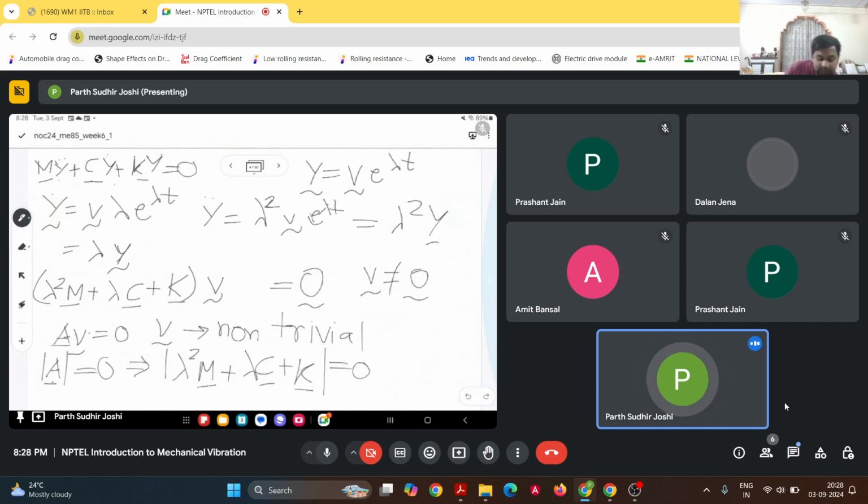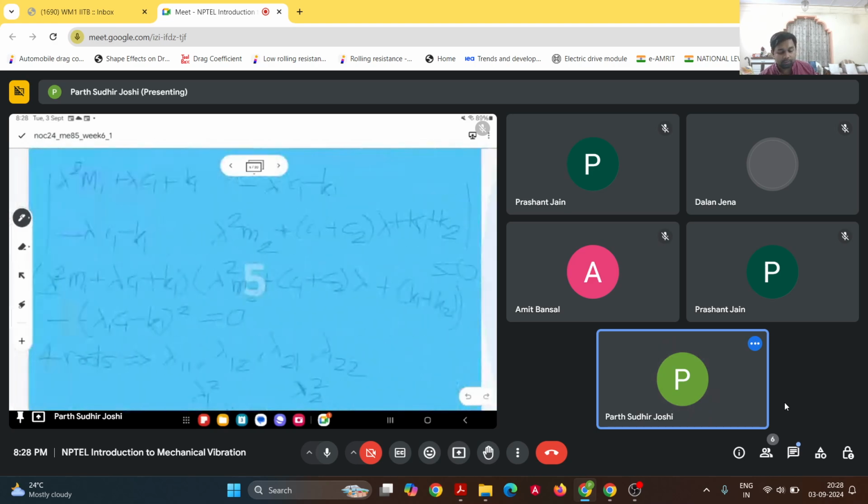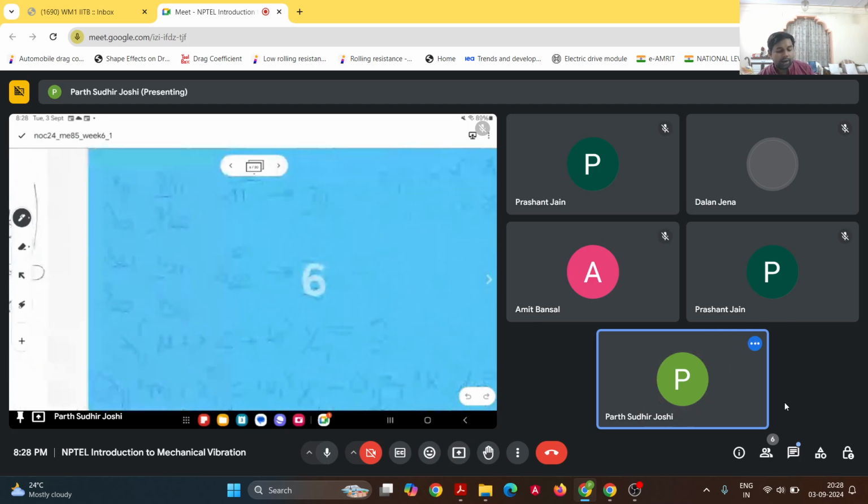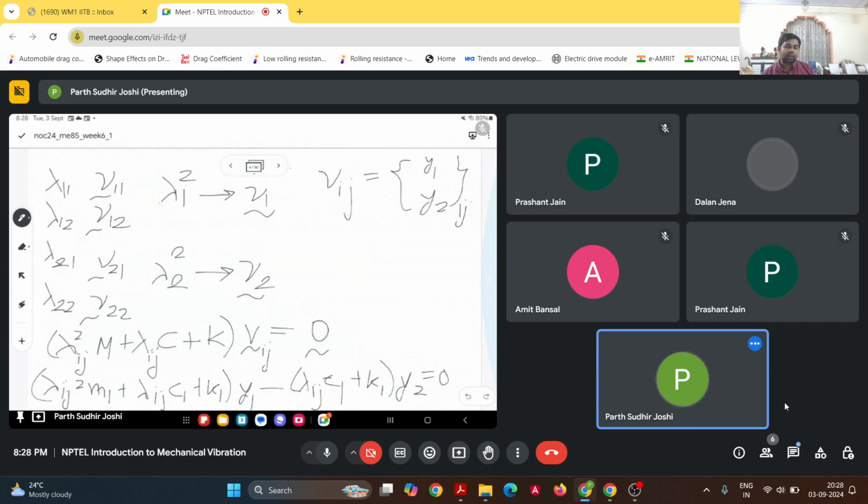So for that, I suggested that we substitute, let us say, a trial solution y is equal to v e to the power lambda t, and then we did a lot of matrix algebra too, and said that we have a characteristic equation that has four roots and the corresponding vectors that represent the eigenvectors basically.